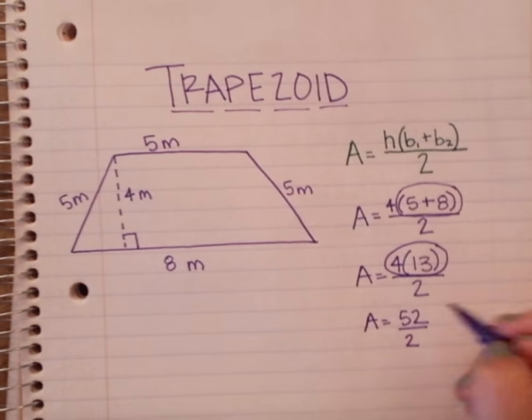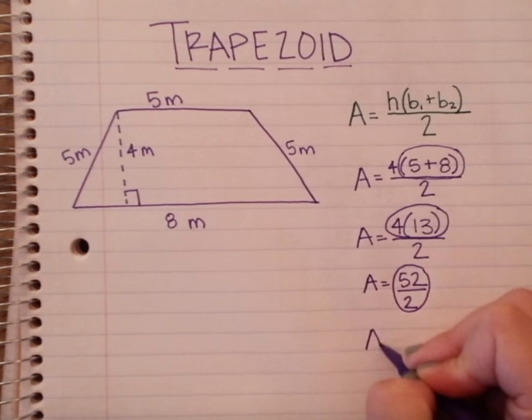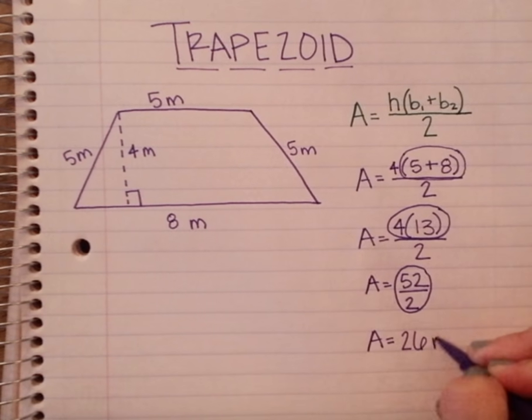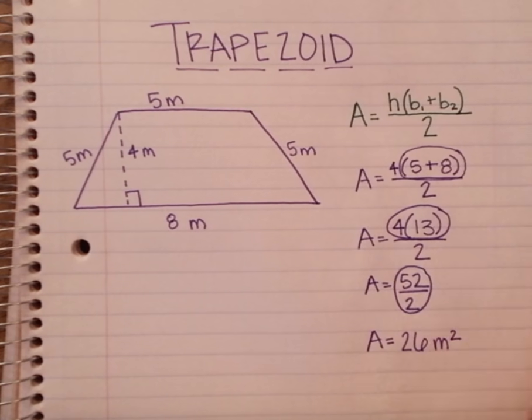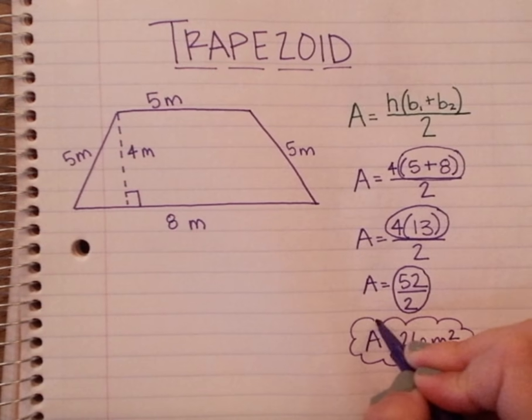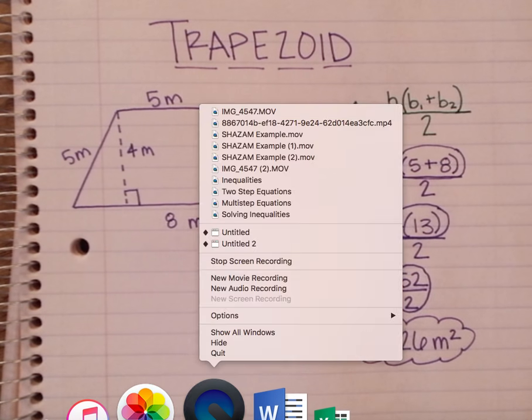Put that in your calculator. 52 divided by 2 is? 26. 26 what? Meters squared. Squared, which is the area. Nice job. Okay, 6th grade. So now you got to use all 3 of those quadrilaterals we talked about to work through your assignment today.